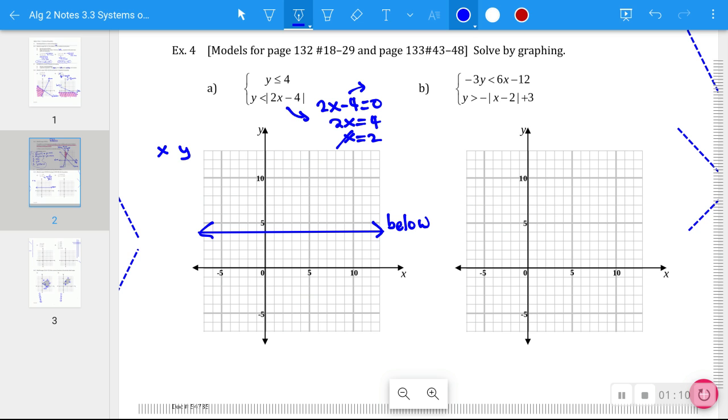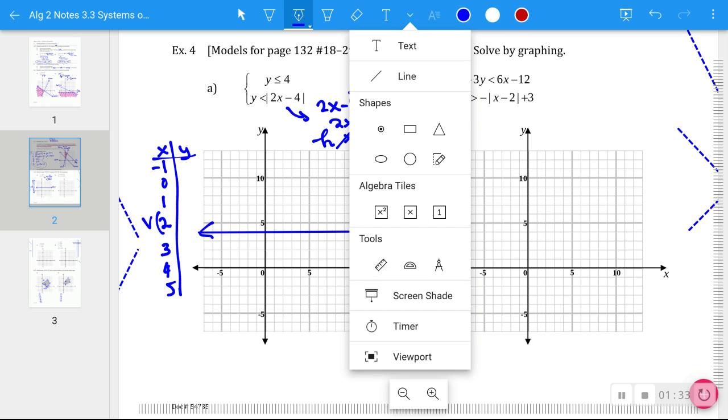It says x, but you can relabel it h. You're going to put that in the middle of a t-chart here. And you're going to branch out to the right with 3, 4, and 5, and the other way with 1, 0, and negative 1.